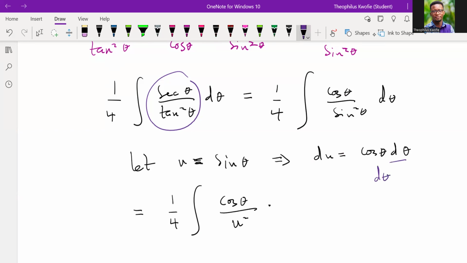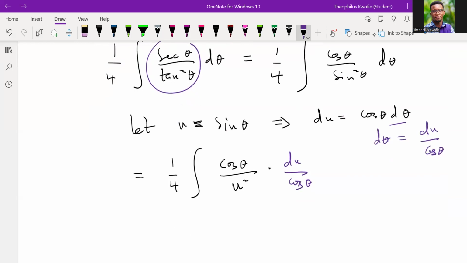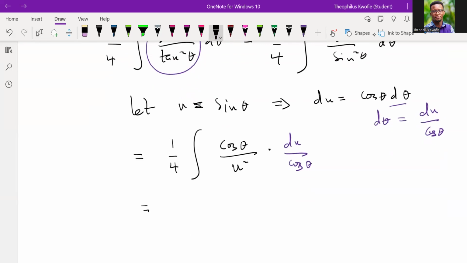So d theta should be equal to what? du over cosine theta. Okay, very good. So we can do some cancellation, and by doing so, we're going to have one out of four, which is taken out, and du over u squared.